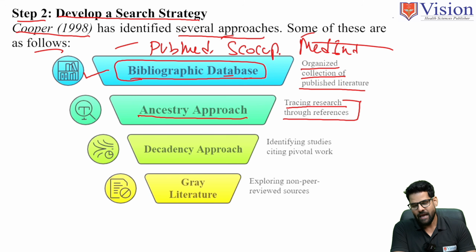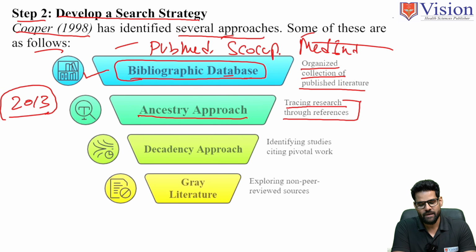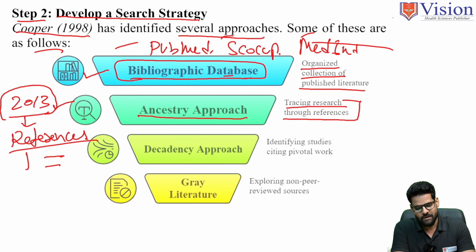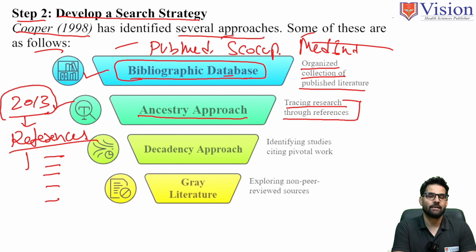Let's say I have conducted a research and published it in the year 2013. Research might have been done in 2012, and I have used some references for that. So whenever you look at this paper, you just see the references. Whatever researches I have listed there become a source for you.